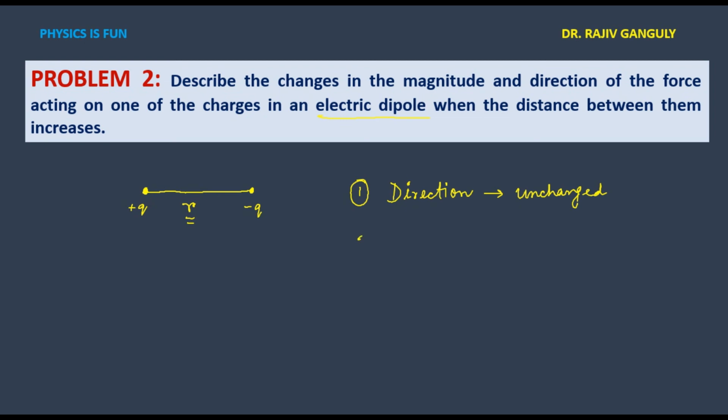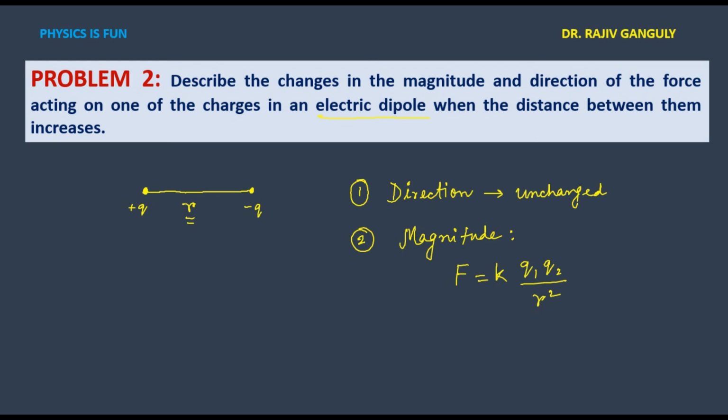And number two, when we talk of the magnitude of the force, the important part is that this magnitude follows Coulomb's law. So force, as we all know, is K into Q1, Q2 by R square. The distance is increasing.